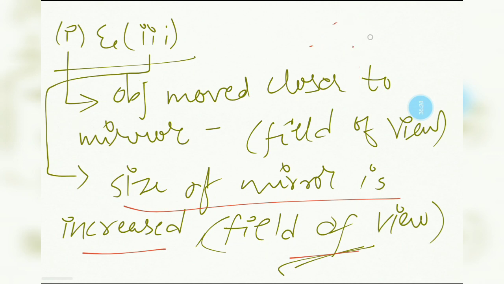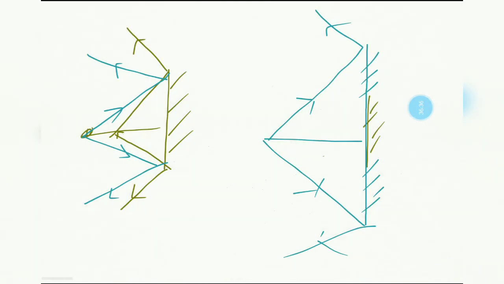Right, so how are these two questions interlinked, or how are they going to be the same? I will explain first. What did the first question explain? See, the object initially was here and it was moved here. It was moved closer to the mirror, so I can assume it to be here. Now see one thing.